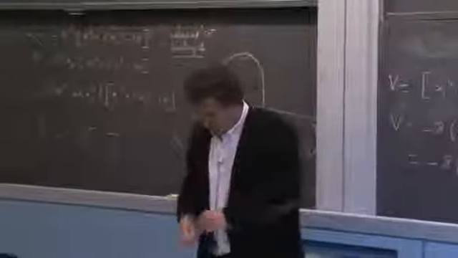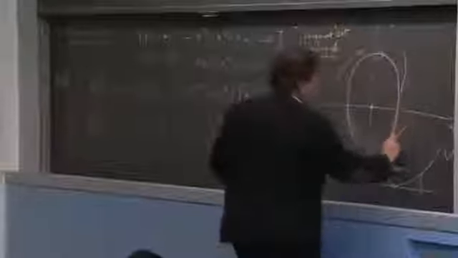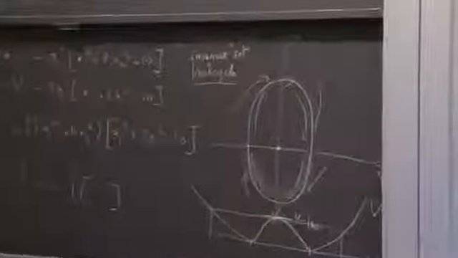So that's the story, and of course trajectories look something like this. Outside, they tend to the limit cycle, but inside they also tend to the limit cycle. They get away from the origin.